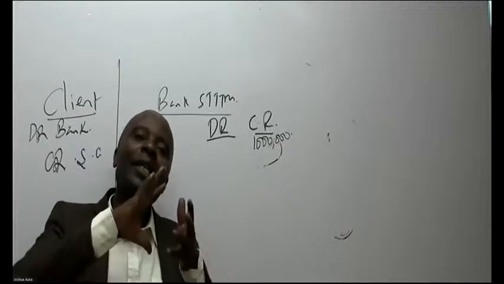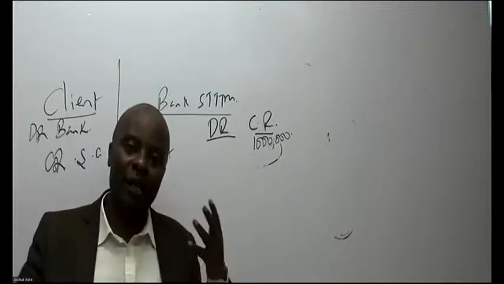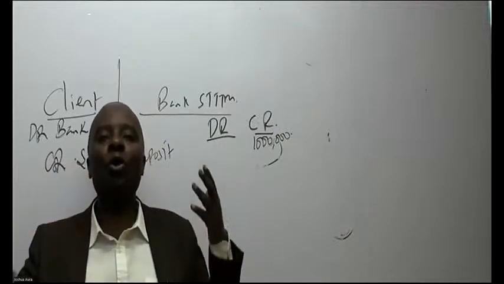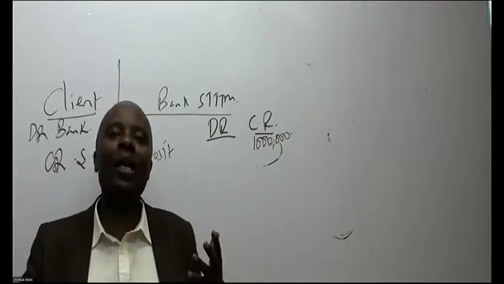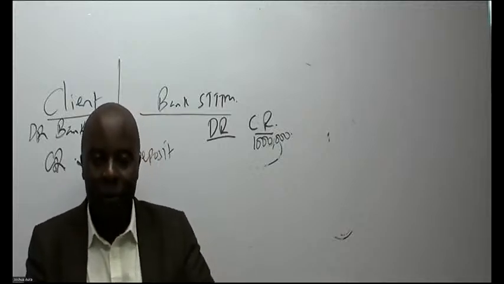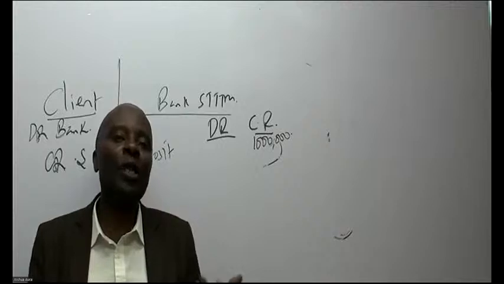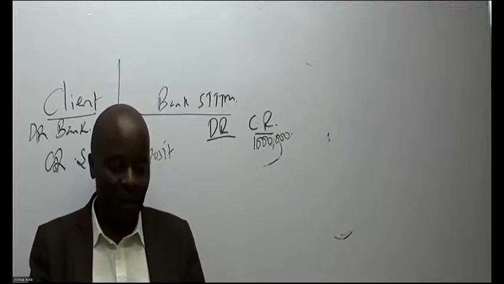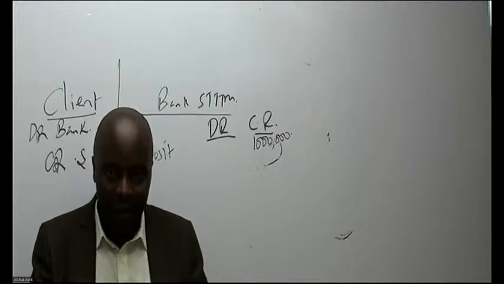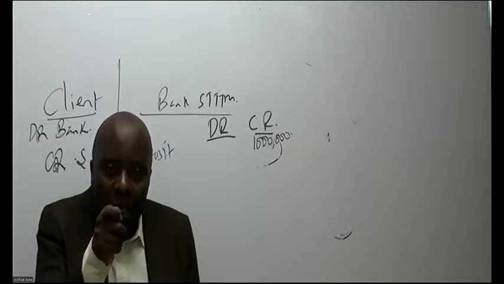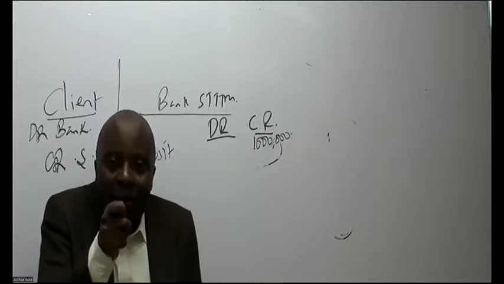But on the other side, there is a time lag, a timing difference. The bank may take 2 or 3 days to have this money transferred to my account. So these are checks that have been lodged there but have not yet become money.